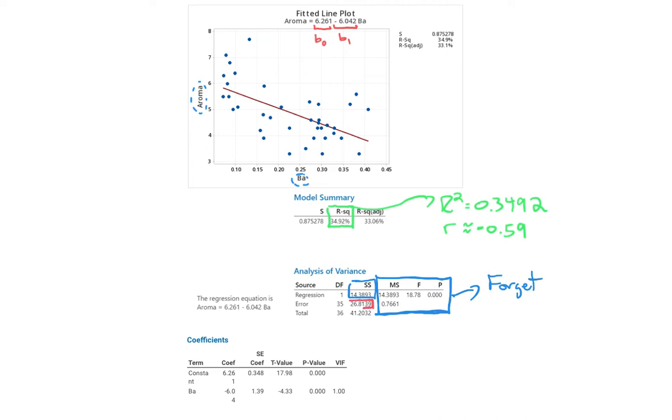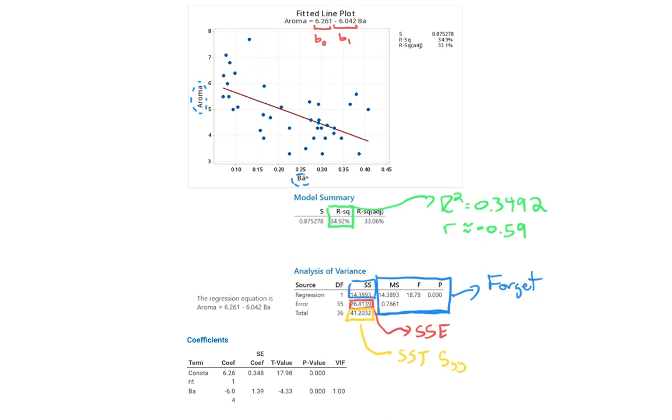Here is our sum of squares error, and below it, we have our sum of squares total, or the other notation for that was SYY. So our printout gives us that as well.